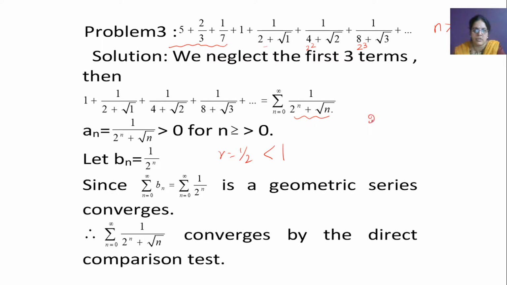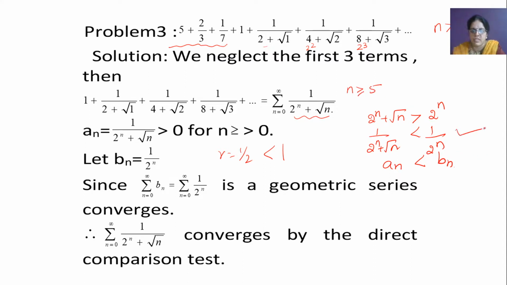And clearly 2 power n plus root n is greater than 2 power n. So 1 by 2 power n plus root n is less than 1 by 2 power n. This is our an and this is our bn. So after n equal to 3, that is for n greater than or equal to 5 or greater than 4, these conditions are true.